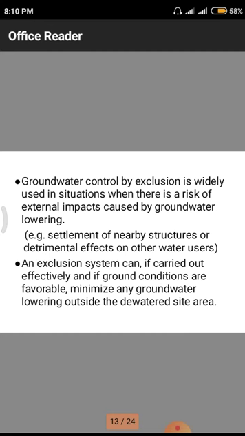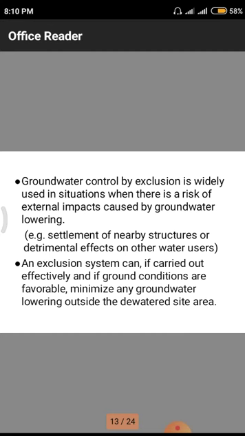An exclusion system, if carried out effectively and if ground conditions are favorable, can minimize the groundwater lowering outside the dewatered site area. In this exclusion system, we have to go for different systems with good results that can be carried out effectively when ground conditions are favorable.